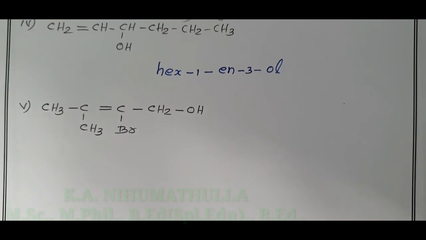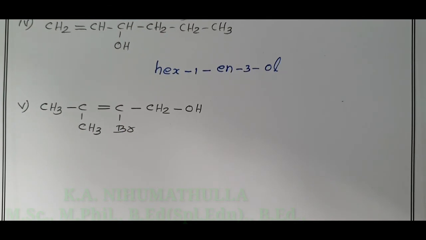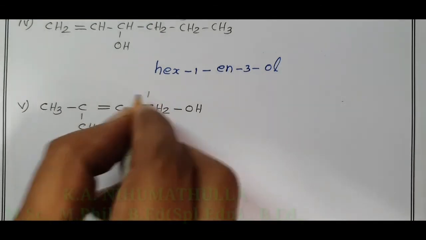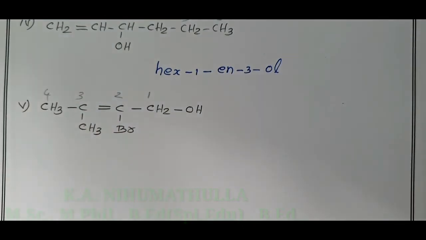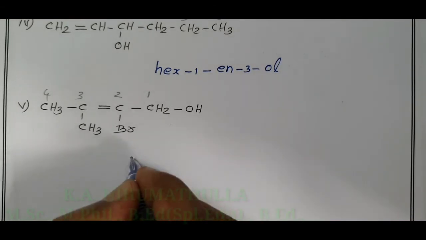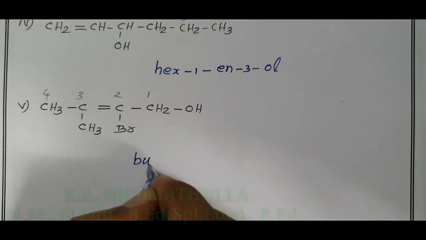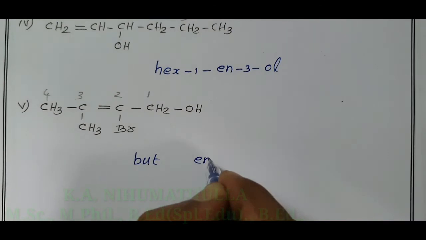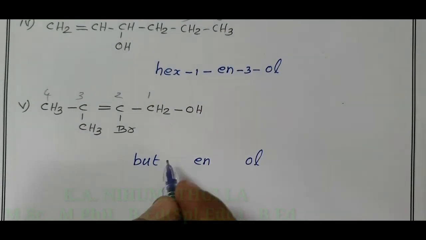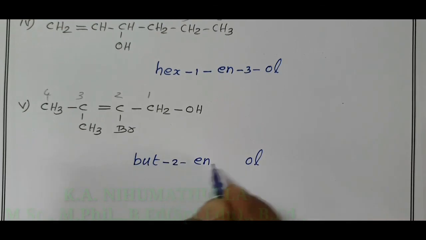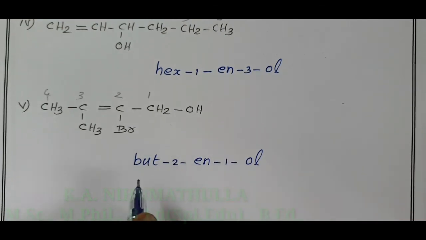The fifth compound given in the intext question has OH, Br and methyl present along with a double bond. Starting with 1, 2, 3, 4. 4 carbon atoms, the root word is but, carbon-carbon double bond ene, OH ol, position of double bond is 2, position of OH is 1.